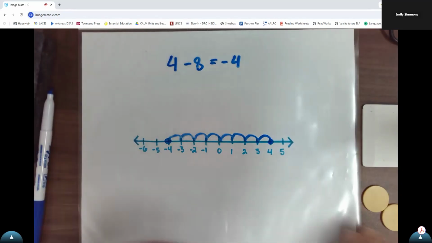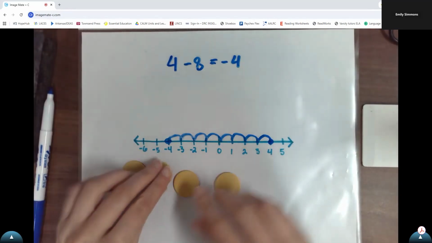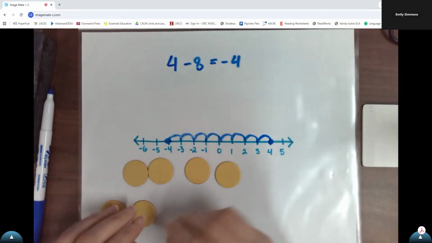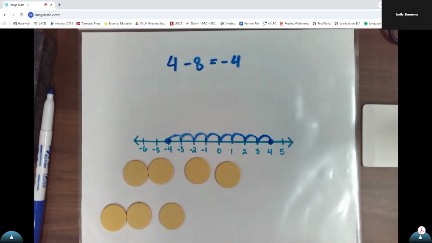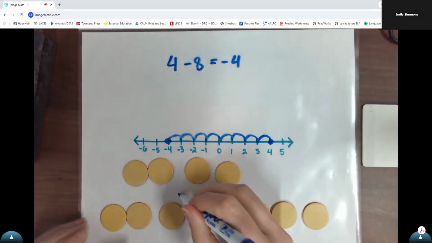Or if we were using our counters, we start with 4 positives. We're taking away 5, 6, 7, 8 positives.